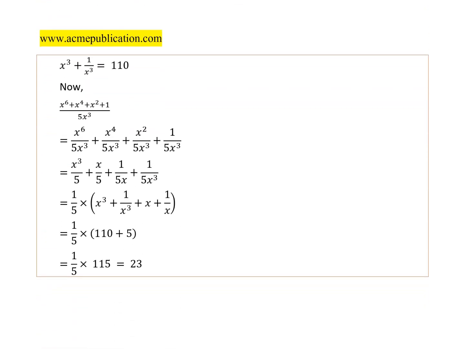Now we will change the equation of which we want the value. After elaborating the equation, we find the value of asked equation is 23.